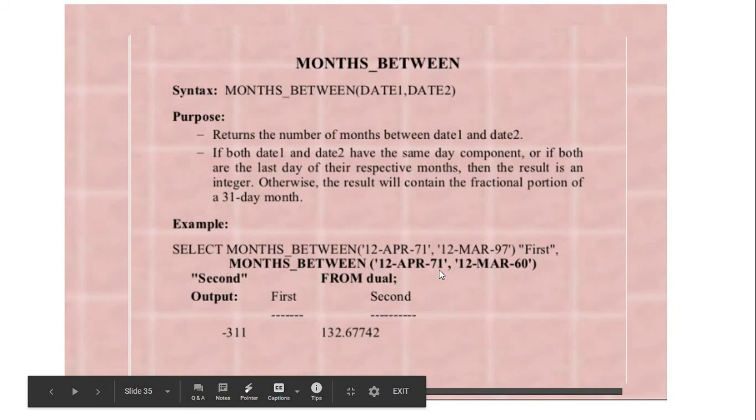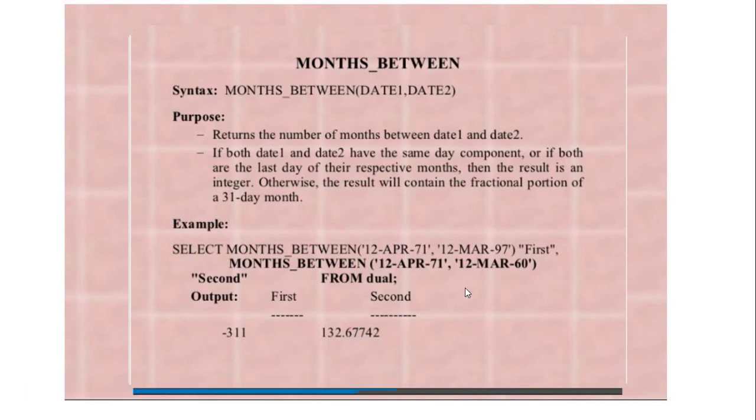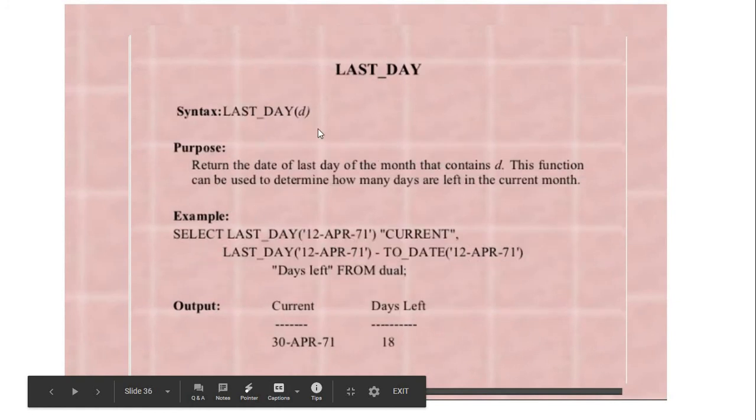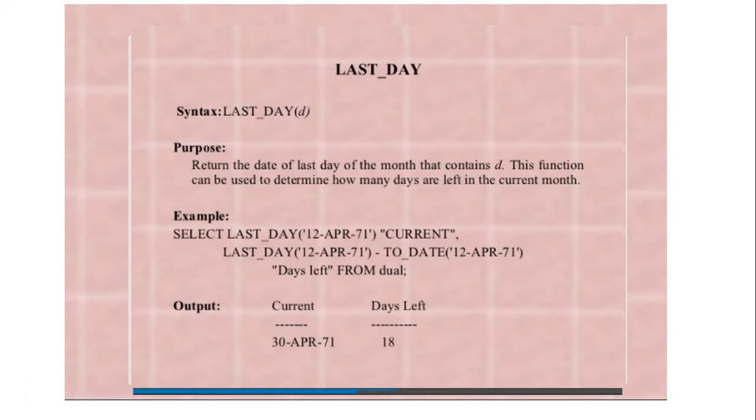And in the second case we have 132.67742 as the number of months, so we basically have the complete months, and after that this is the part of the month where the month is represented as a 31-day month.